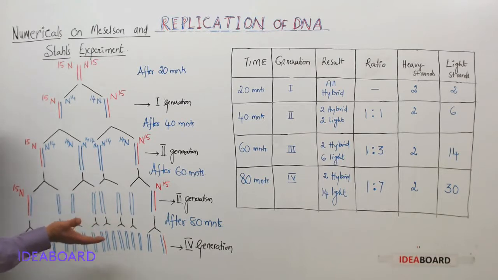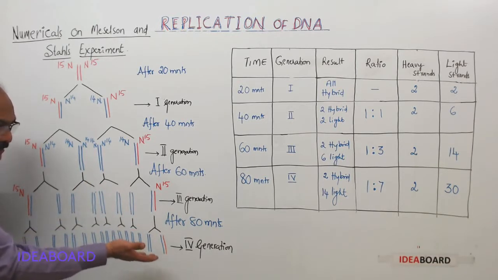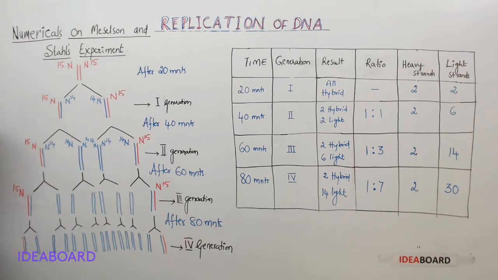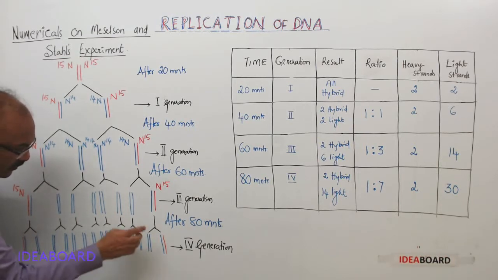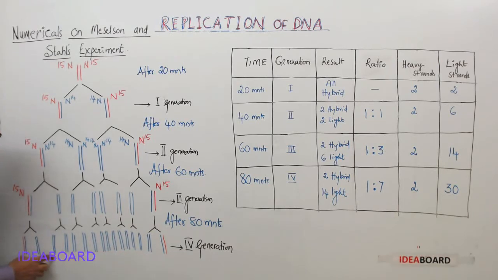When they went for one more generation, after 80 minutes, they got 1, 2, 3, up to 14 light DNA and 2 hybrid DNA.